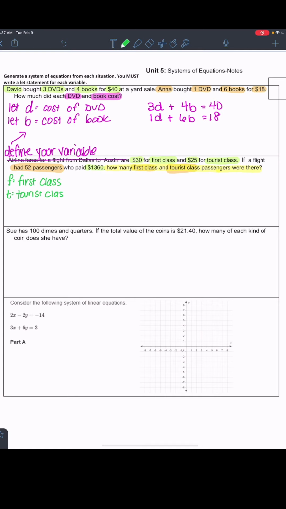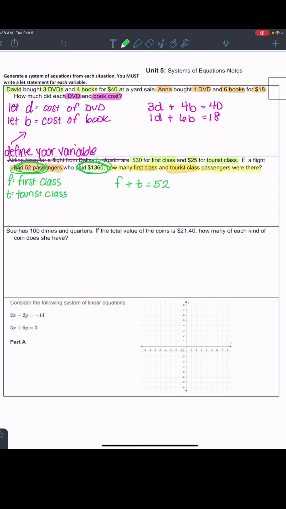Now here's what's hard for some people on this type of problem. I have two totals. Go back and look. I had a total amount of money, and I had a total amount of passengers. And remember, the passengers are made up from first class plus tourist class, and that was a total of 52.